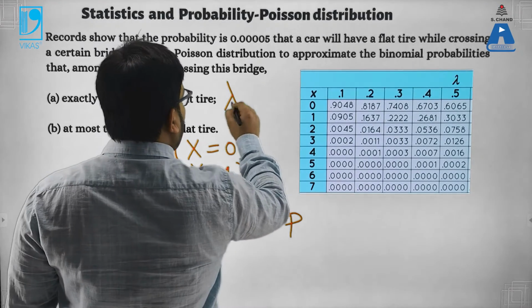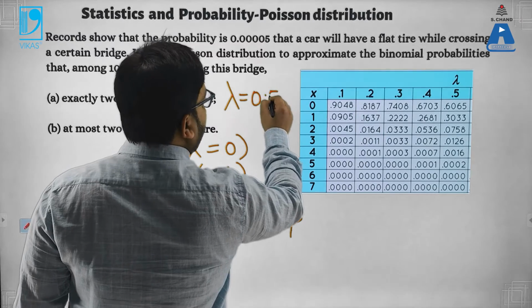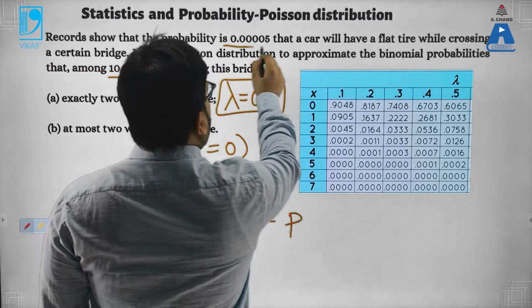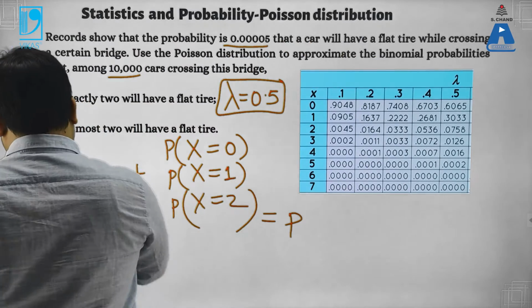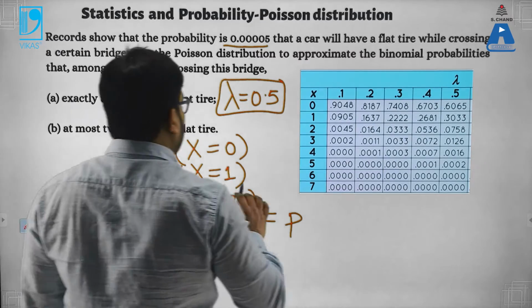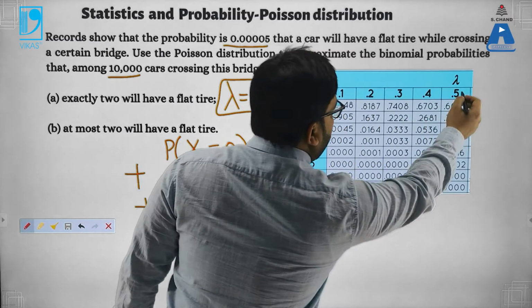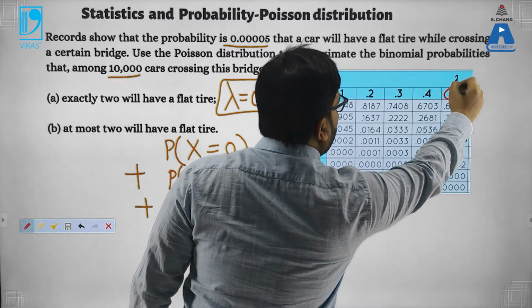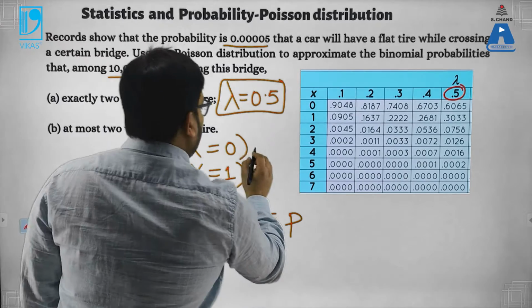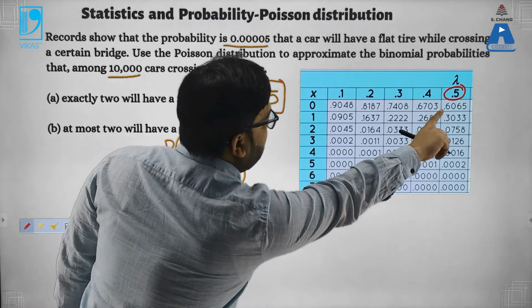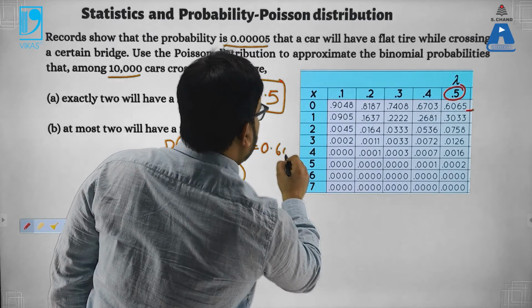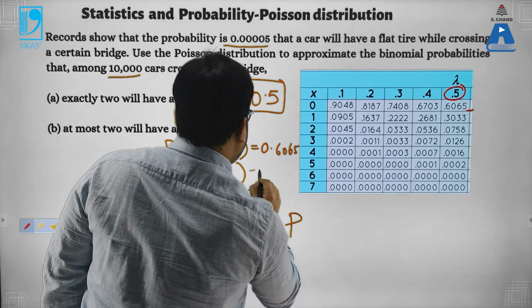Lambda again we know is 0.5. That is n times p, lambda 0.5. So for x equal to 0, and obviously this is the column we are going to refer to because the value of lambda is 0.5 here, this number as per the table is 0.6065.